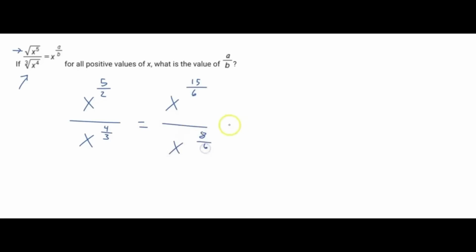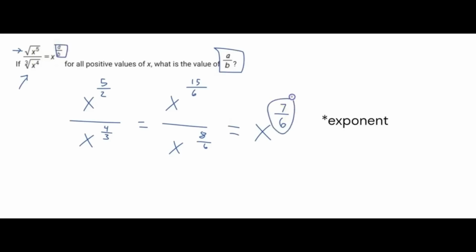And so now, because we have the same base, we can just subtract the powers. So 15 sixths minus 8 sixths is just 7 sixths. And so ultimately, they want to find the value of a over b. We can see a over b is just the power above x, and there is your answer. So the answer here is 7 over 6.